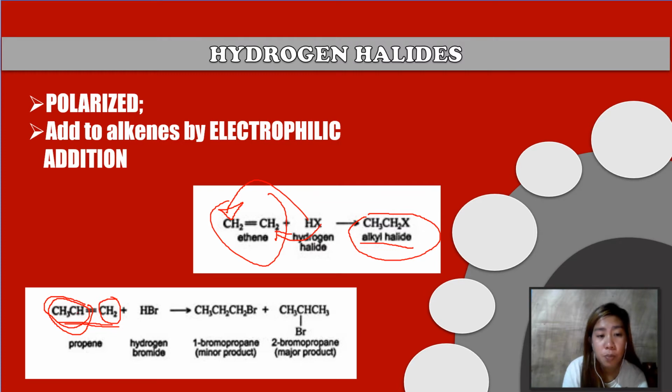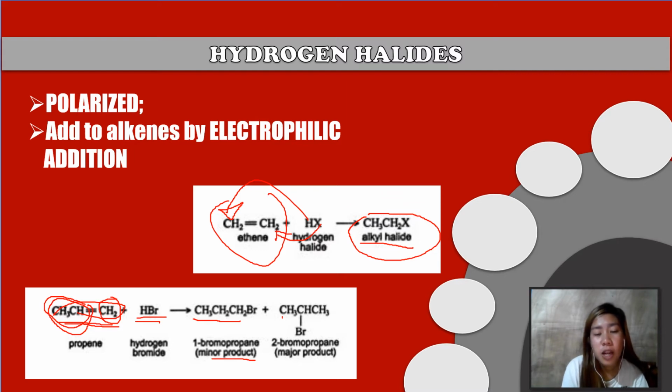When this propene reacts with hydrogen bromide, we can create 1-bromopropane, which will be our minor product, and 2-bromopropane, which will be our major product.